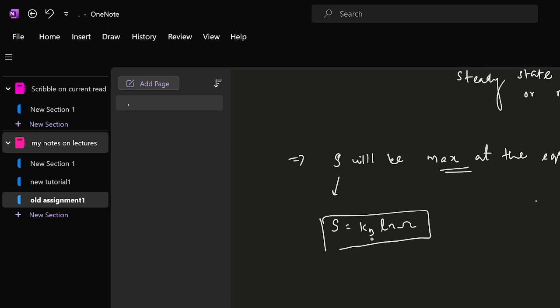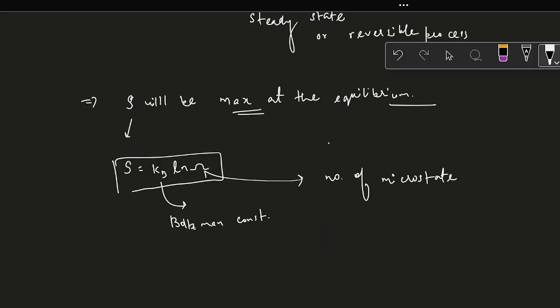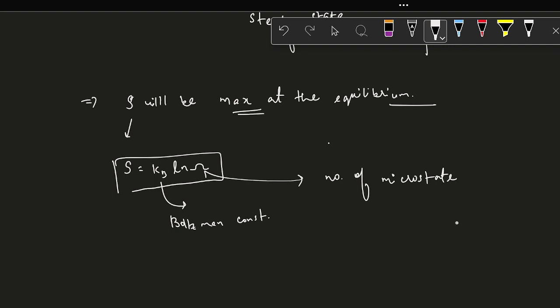Where Kb is the Boltzmann constant, and omega is our number of microstates. So the larger the value of omega, you can see that the entropy will also increase.